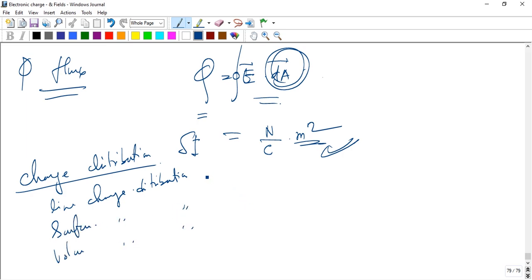Line charge distribution is represented by lambda, surface by sigma, and volume by rho. That is delta Q by delta L for length, delta Q by delta A for area, and delta Q by delta V for volume. Now we discuss another important concept, Gauss's law.